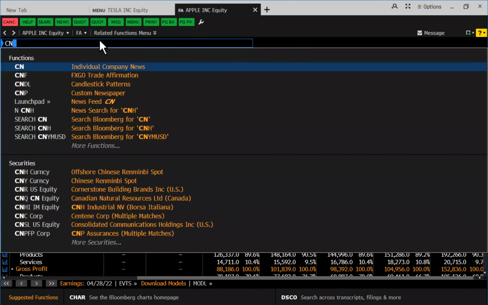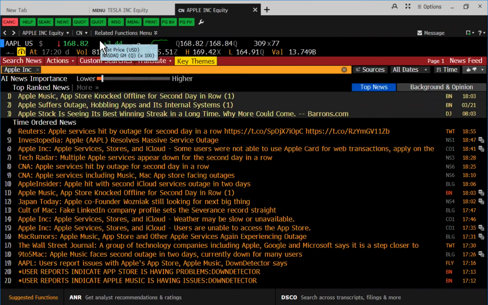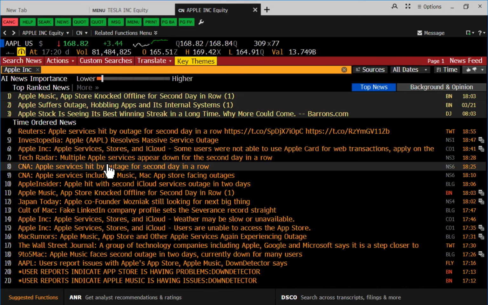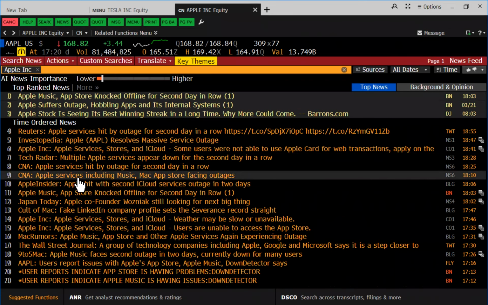Now, another function is the CN. So CN is a shortcut for corporate events. So these are all the events relevant to Apple. So of course you can choose the relevance importance level. So basically, I think Bloomberg assigns the importance level to each of these news items that are associated with Apple.